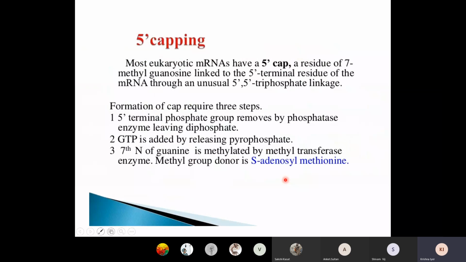The second modification I said was 5' capping, and here there's an unusual reaction that occurs at the 5' end of the RNA, forming what is called a GTP cap. Or I should say not even GTP, a guanosine cap is more correct.